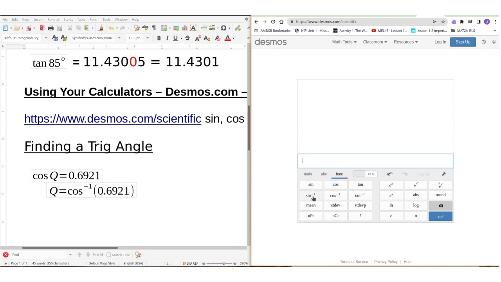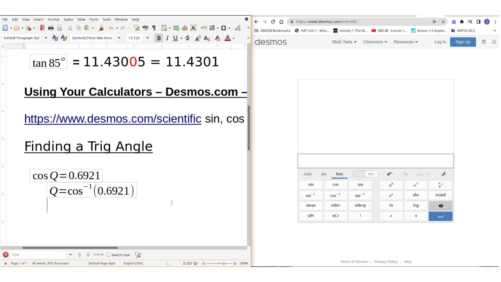If you don't remember how to do that, go to the previous section and take a look at it. So remember, it's go to Desmos, then go to scientific, and then you're in here. Then you click functions, and you'll notice under sine, cosine, tan, we have sine inverse, cosine inverse, and tan inverse. These ones will give us the angle back.